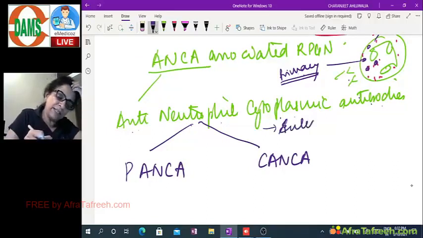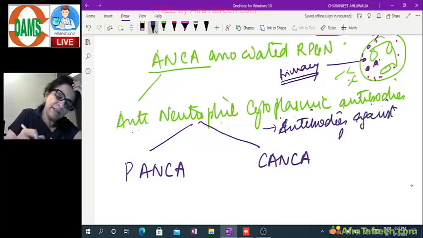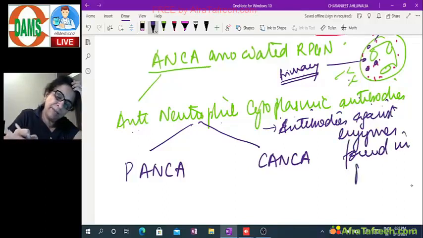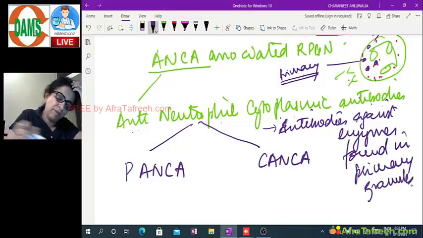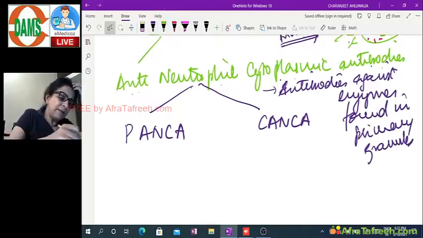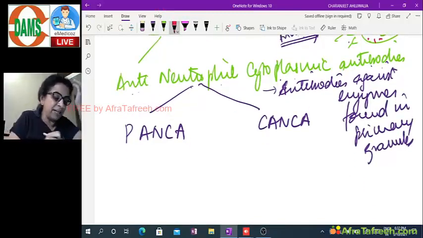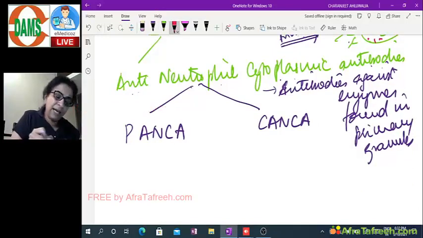These are antibodies against enzymes found in the primary granules. Now these antibodies are of two types. Now we'll see the names of the enzymes. P-ANCA and C-ANCA.